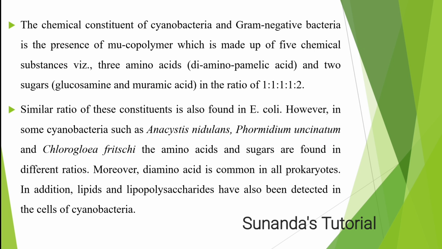However, in some cyanobacteria such as Anacystis, Formidium, then Chloroglia, the amino acid and sugar are found in different ratios. The chemical constituent is the same, but the ratios are different. Moreover, diamino acid is common in all prokaryotes. In addition, lipid and lipopolysaccharides have also been detected in some cells of cyanobacteria.